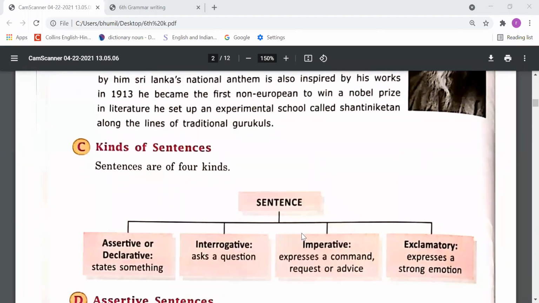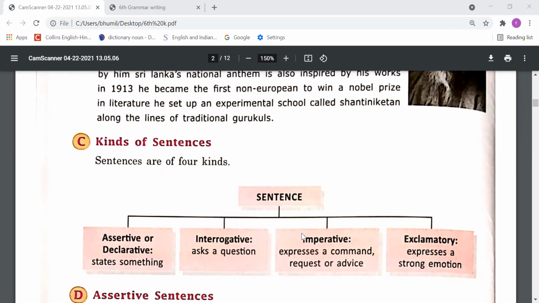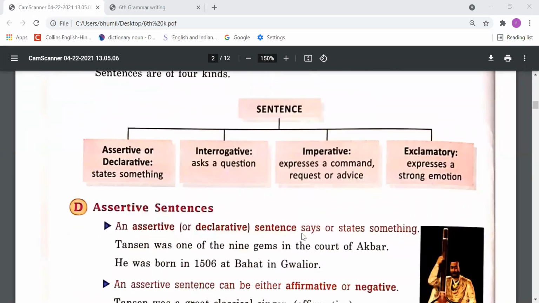Now let's talk about kinds of sentences. Sentences are of four kinds. So here we are going to talk about the types of sentences basically. So let's read this. Assertive or declarative states something. Interrogative asks a question. Imperative expresses a command, request, or advice.